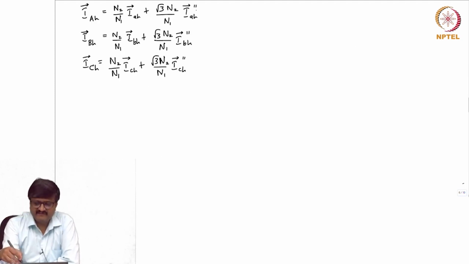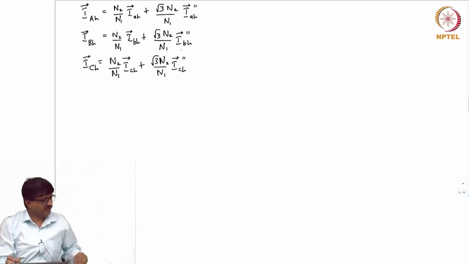Only if I get these double primed current expressions can I get the current expressions that are actually feeding the 12 pulse LCC. So, can I write these double prime currents IAH double prime, IBH double prime and ICH double prime in terms of IAH prime, IBH prime, ICH prime by Kirchhoff's current law? How to do that?